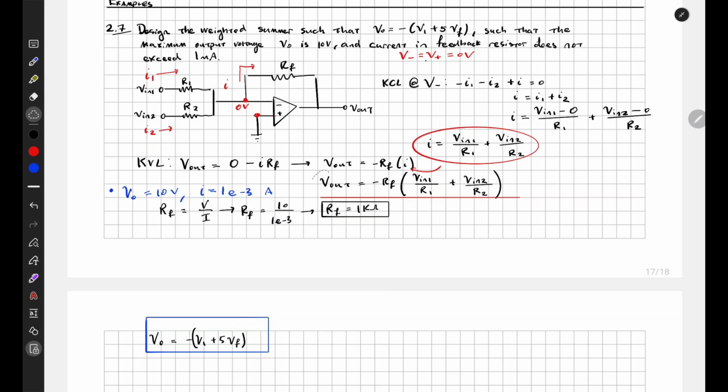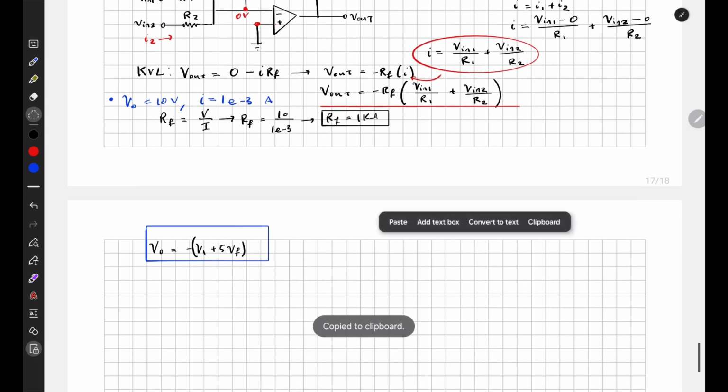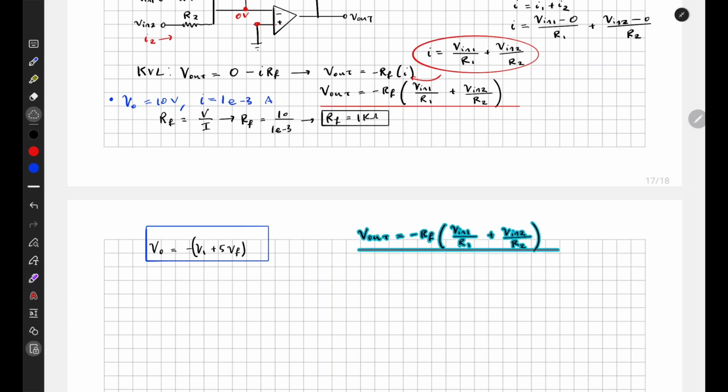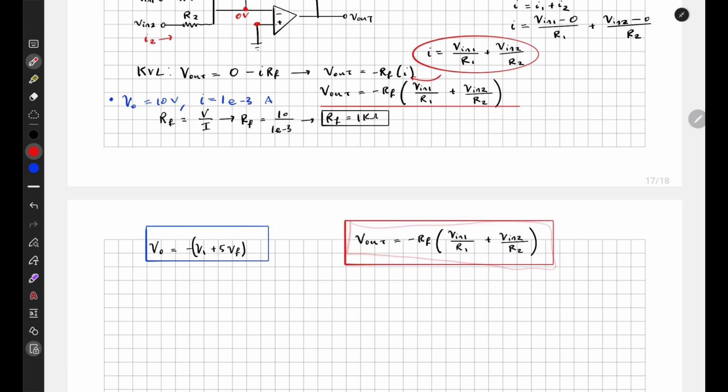But we also previously solved for the relation of the input and output here. So let's compare some things together. These are the two things we have solved so far. And what we can do is compare some terms here.